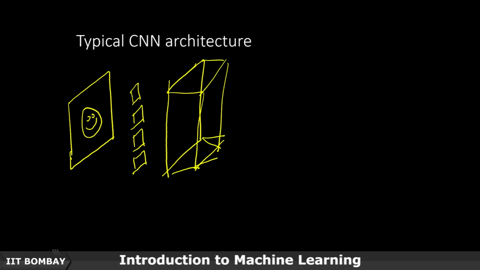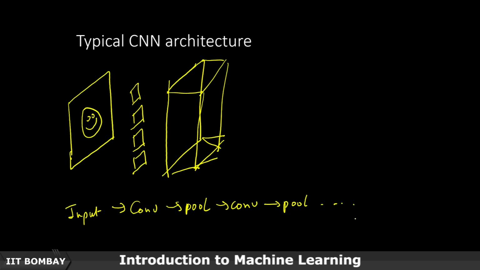Then, after this, you will have a pooling layer. So usually you will have input, conv, pool, conv, pool, etc. Several conv-pools together, and then you will get a very small feature map.